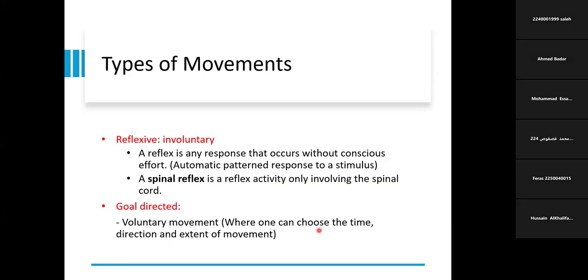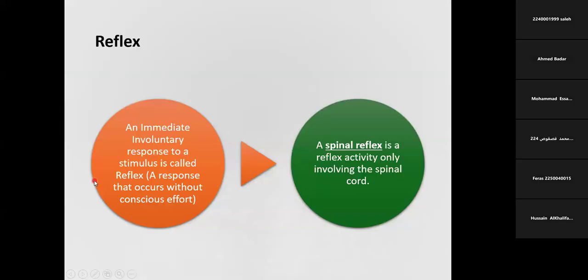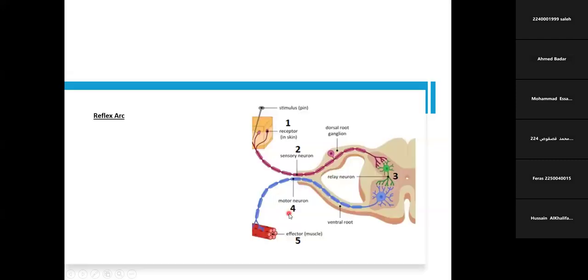So I can choose the time, direction, and extent of the movement, going to very simple or very complex movements. But they are not involuntary, they are voluntary movements. So they are called goal-directed movements. So reflex is an immediate involuntary response to a stimulus, and a spinal reflex is a reflex activity that only involves the spinal cord.